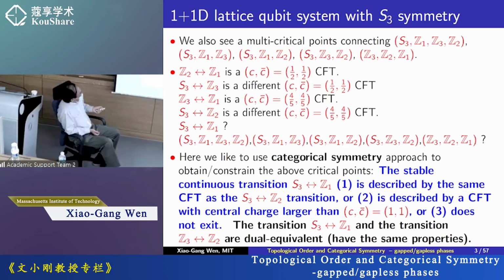Remember I said there's the S3 to Z1 transition. We don't know, but at the moment you can say one of the following three cases must be true. Either this S3 to Z1 transition is described by the same CFT as the S3 to Z2 transition, which is this Potts model CFT.